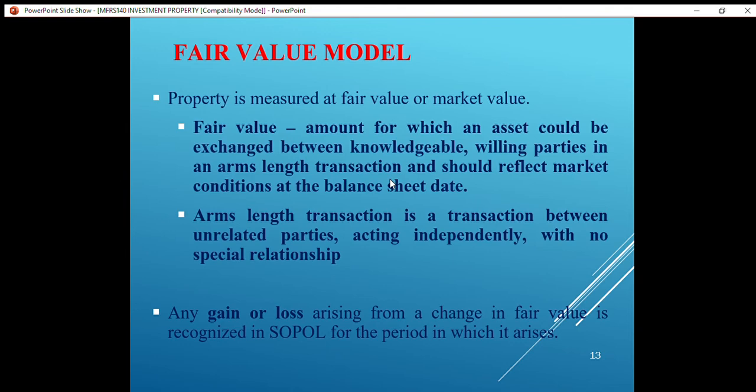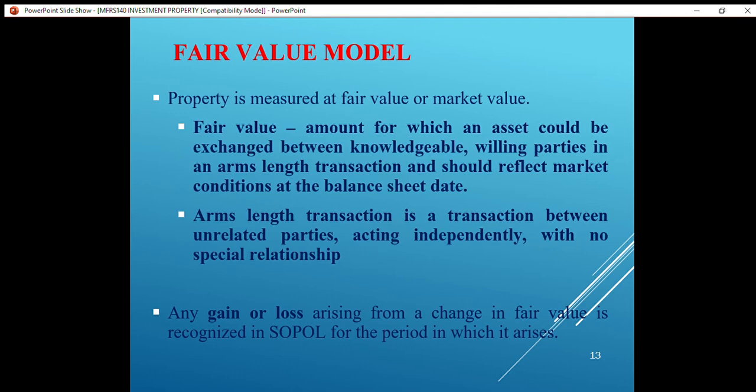What is meant by arm's length transaction here? Arm's length transaction is a transaction between unrelated parties acting independently with no special relationship. So the parties involved in the transaction, seller and buyer, must be independent from each other. Say for example, if a mother sells a house to her daughter or her son, that is not considered as an arm's length transaction.